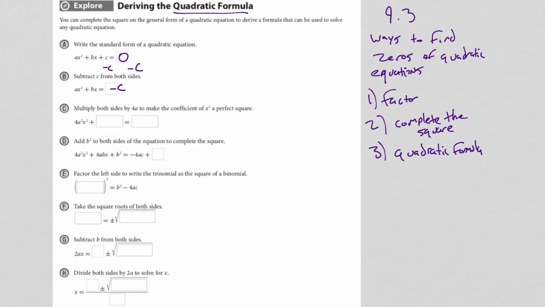So they figured, well, let's multiply this thing, which was like the extra step we did when we completed the square, by 4a, so that this becomes 4a squared x squared plus 4abx.